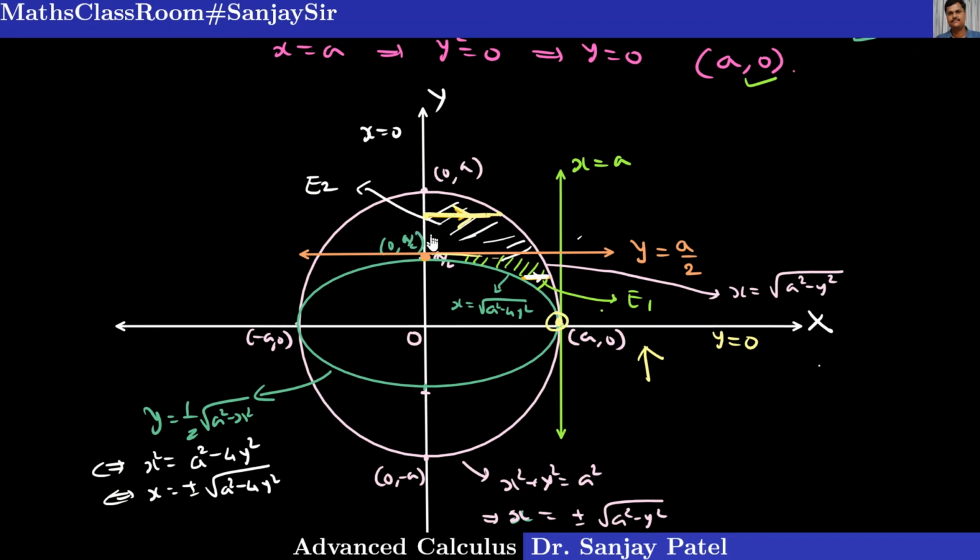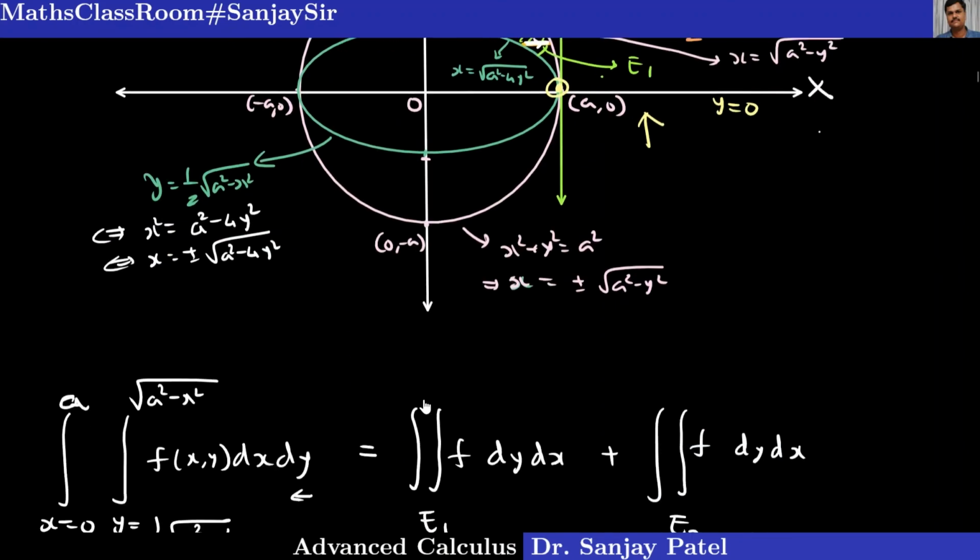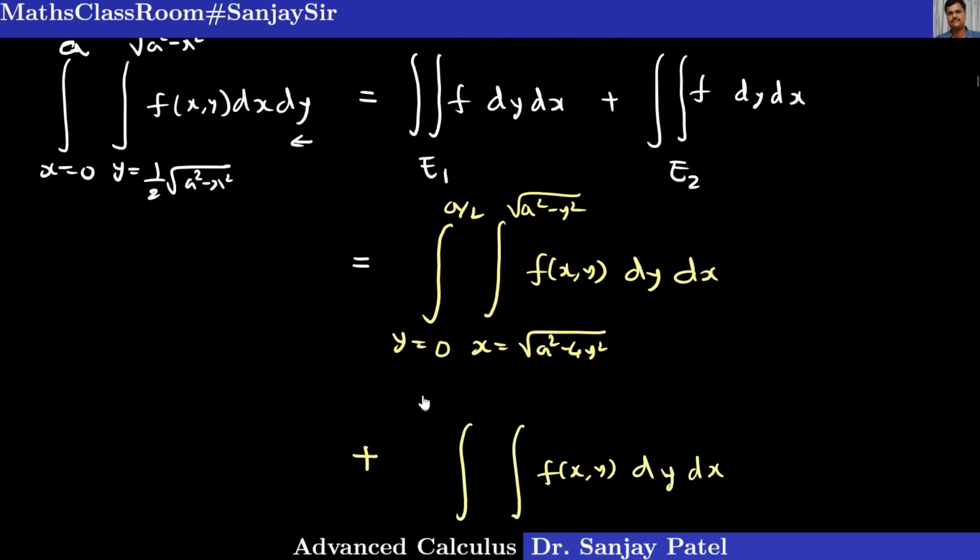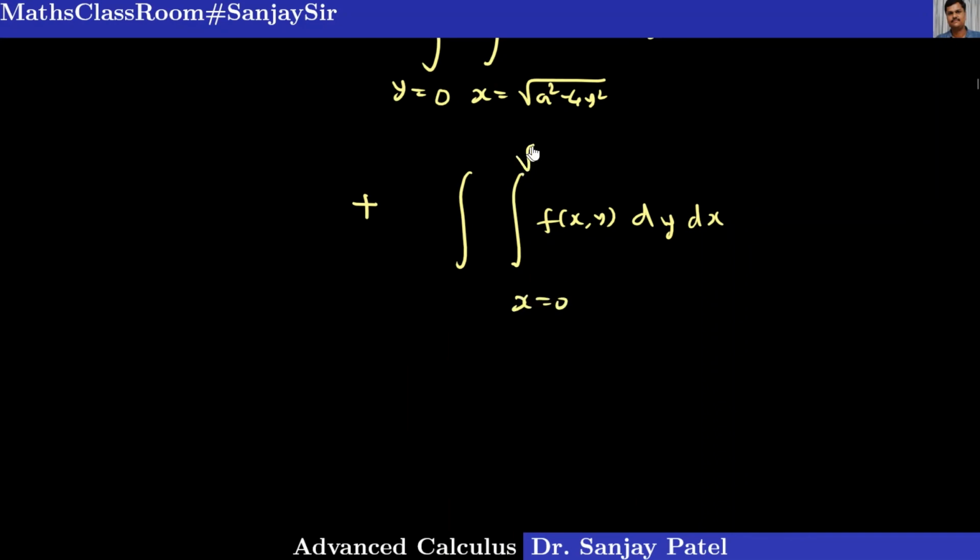So the equation of this is x equal to 0, which is the y-axis, and the equation of this circle is again the same, x equal to square root of a square minus y square. So x varies from the y-axis to the circle, so x is equal to 0 to square root of a square minus y square.